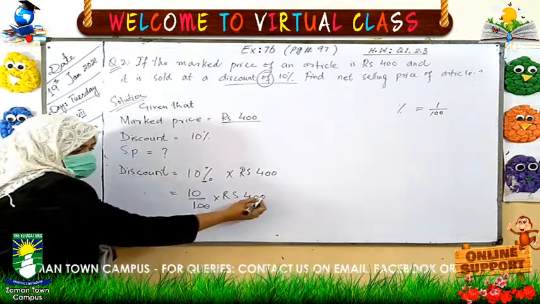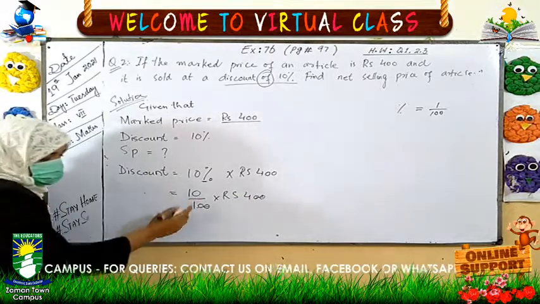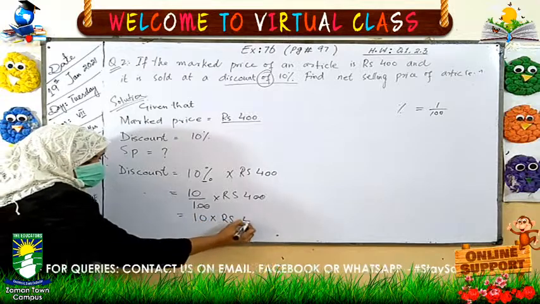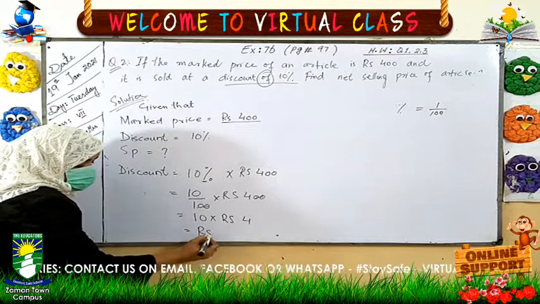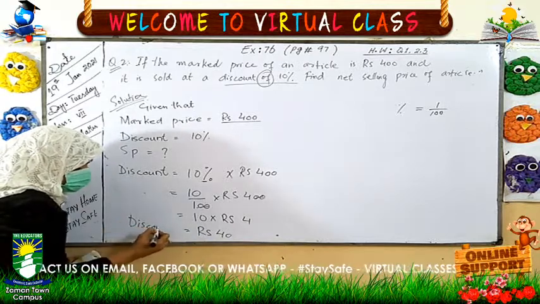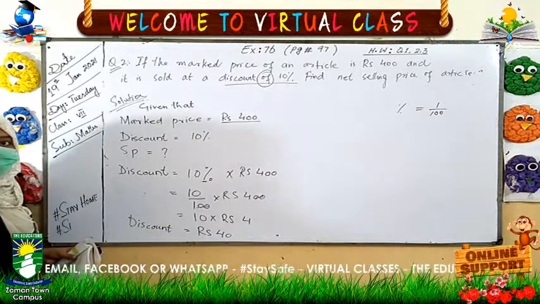Now, these two zeros will be cancelled by these two zeros. So which value do you have left? 10 multiplied by rupees 4. 4 tens are 40. So you will have rupees 40. It means you have a discount of rupees 40.